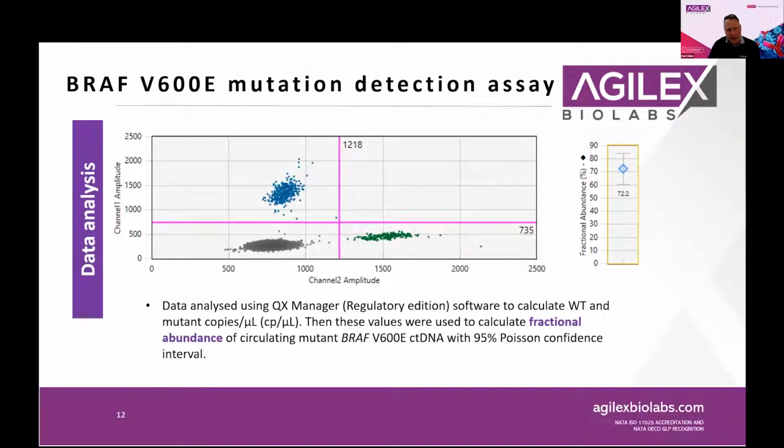Then the data was analyzed using QX Manager, the regulatory edition, which is fully under change control and validated. QX Manager then uses Poisson statistics to identify and calculate the fractional abundance of the circulating tumor DNA versus the wild type.